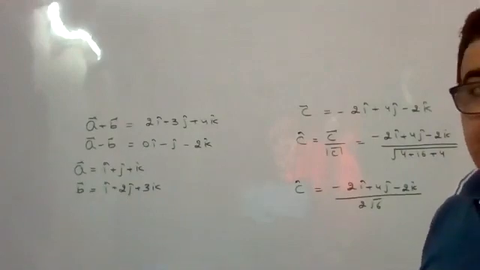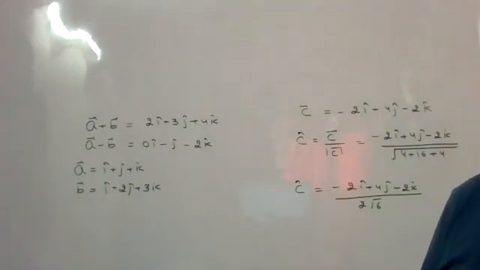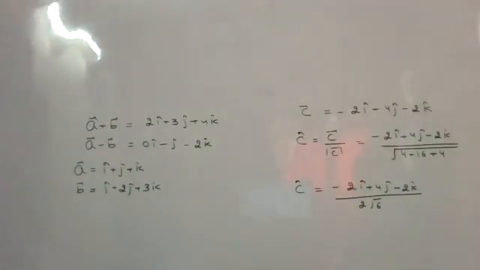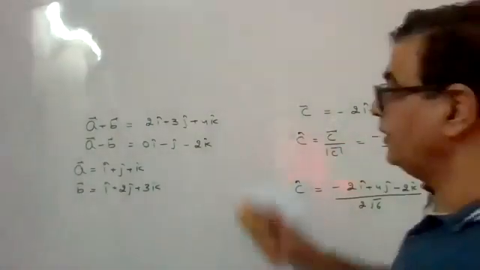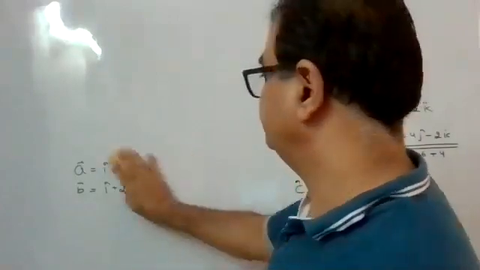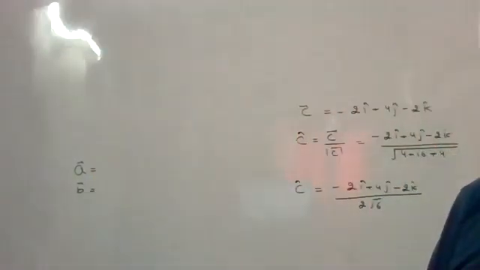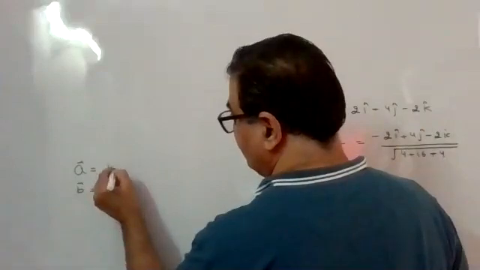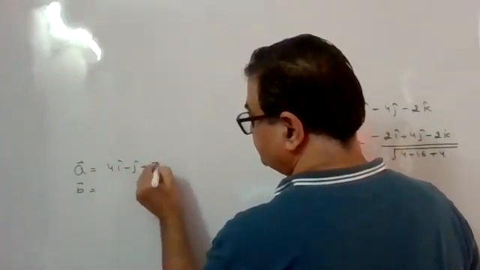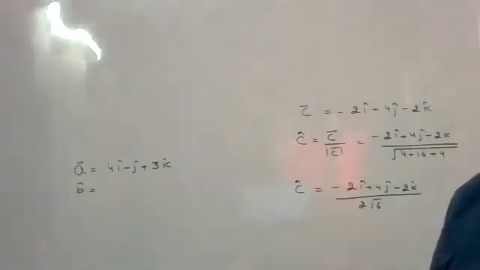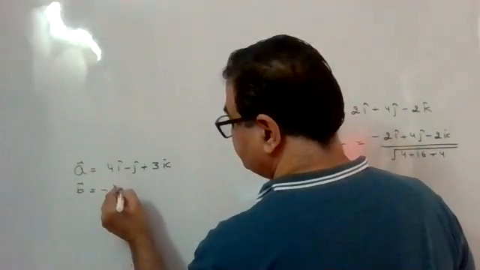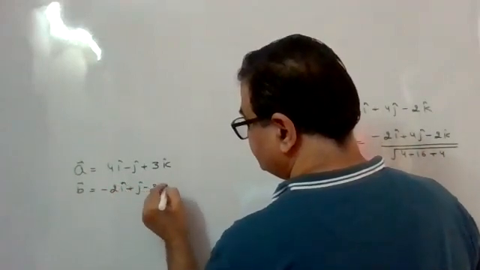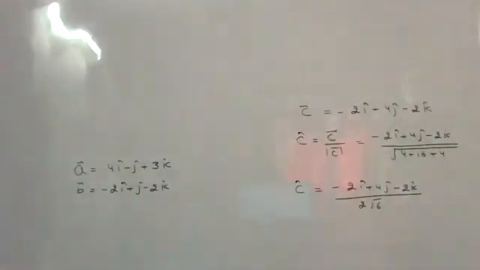Find a vector of magnitude 9 and perpendicular to both a, 4i minus j plus 3k, and the second vector, minus 2i plus j minus 2k.